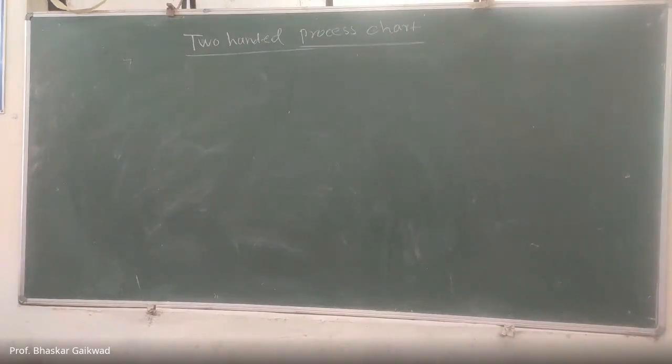Okay, so when can we use this two-handed process chart? Whenever repetitive action is there. Repetitive actions means assembly of carburetors, assembly of nut bolts, washers.